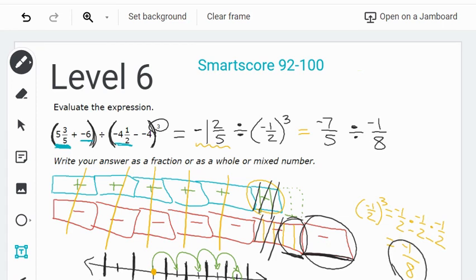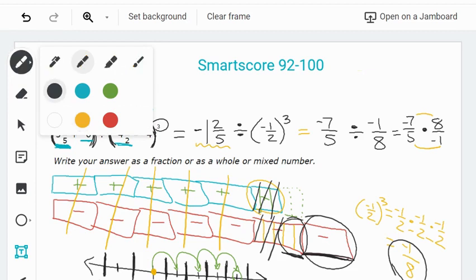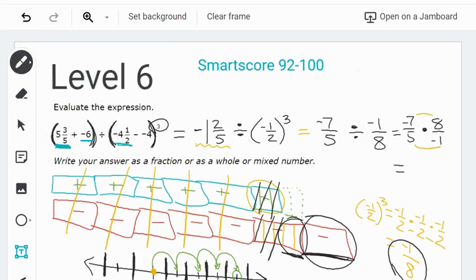Whew, all right. And dividing fractions is the same thing as multiplying by the reciprocal. So that's -7 over 5 times, and I'm going to flip that, 8 over -1. And at this point, we can multiply the tops and multiply the bottoms. And let's see, what are we going to get? So -7 times 8 is -56, and 5 times -1 is -5.